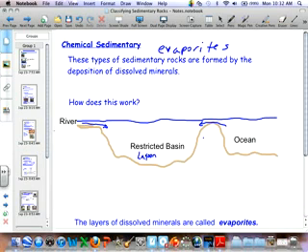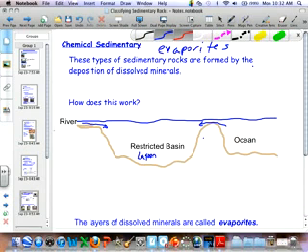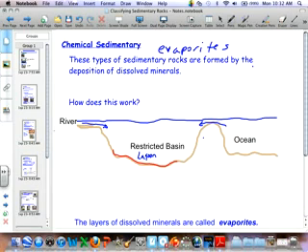So those dissolved minerals start to fall out of suspension, and they start to grow on the bottom of the basin. Okay, so now we start getting this very thin layer of minerals that builds up on the bottom of the basin as the water is evaporating.